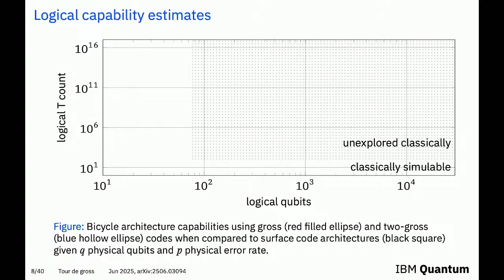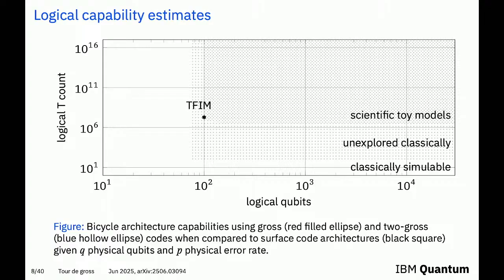In this plot, we plot the logical qubits in the architecture versus the number of T-gates that can be performed. Roughly, such circuits are classically simulable if you have more than 75 logical qubits and more than 75 T-gates. These are very rough estimates, don't hold me too much to them. And of course, the algorithms improve, and depending on what you select, you can simulate more or less.